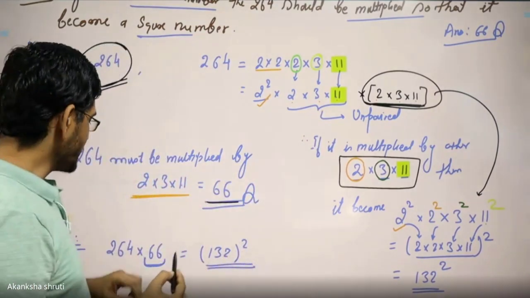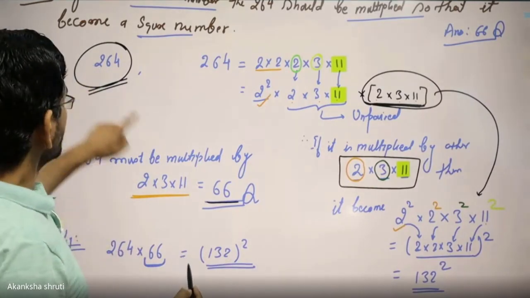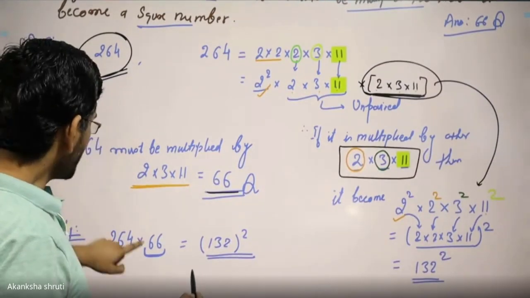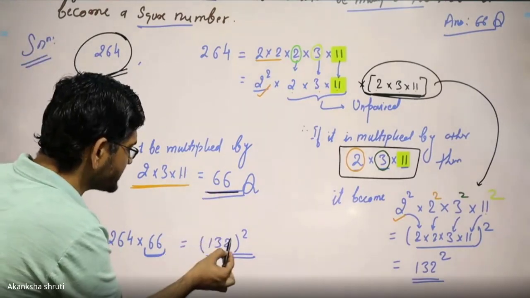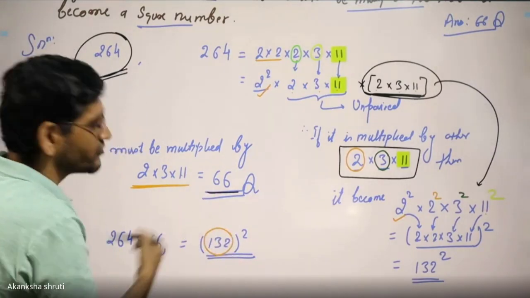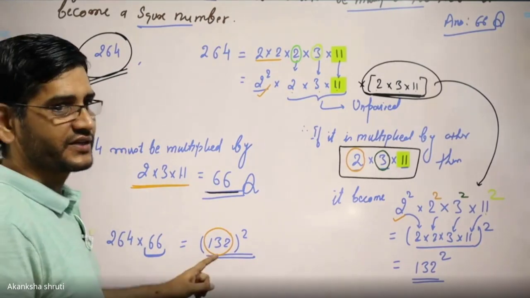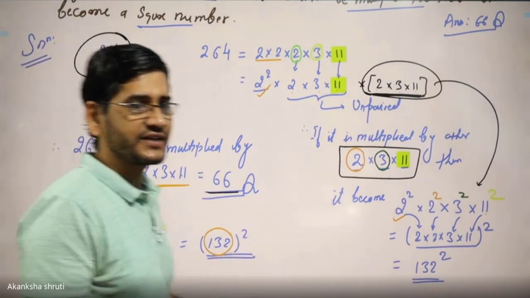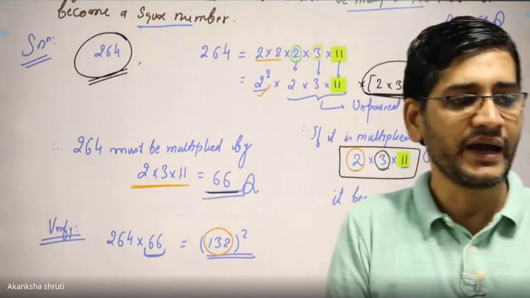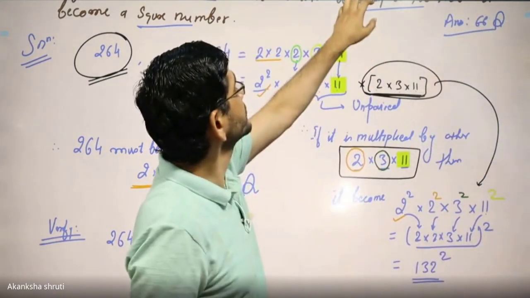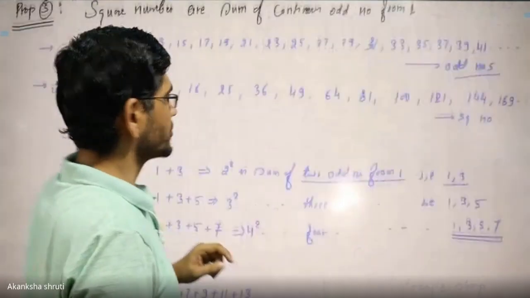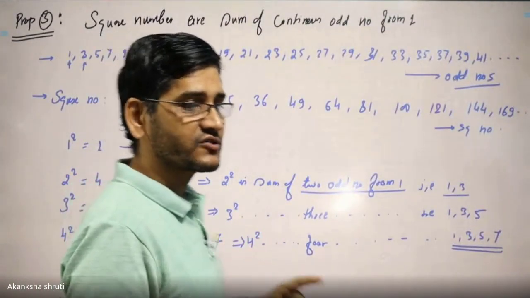Then the question may be asked in another way: of which number it becomes the square. Then on multiplying it, it becomes the square of this 132. So the question may be asked in different forms, and we have to understand it and answer accordingly. Okay, students?